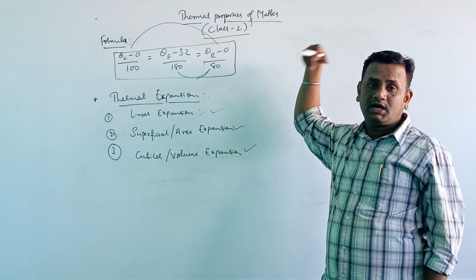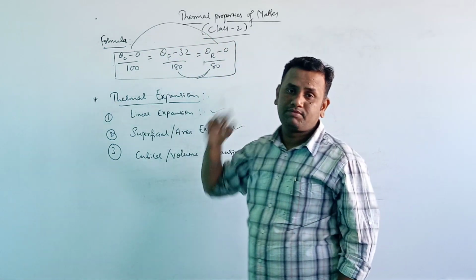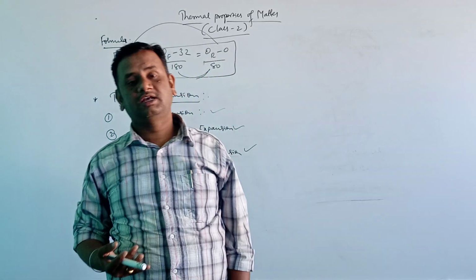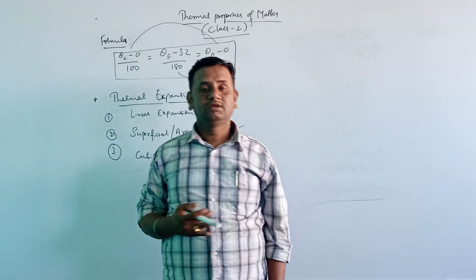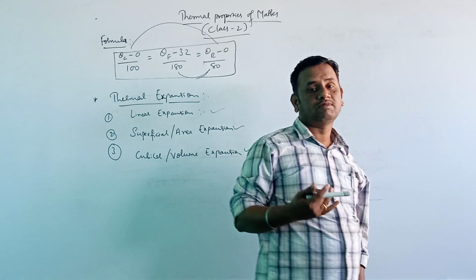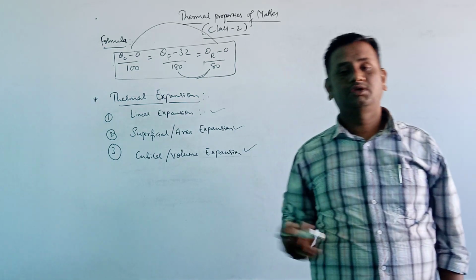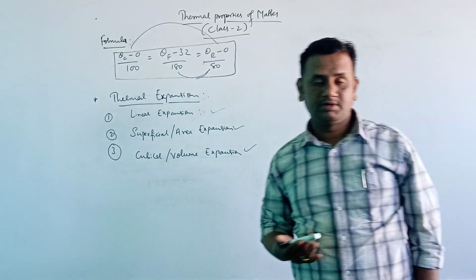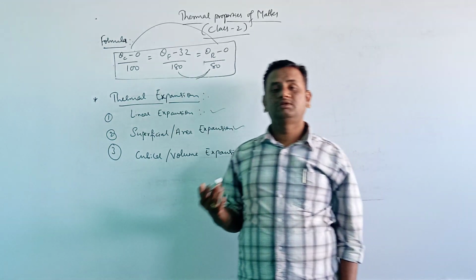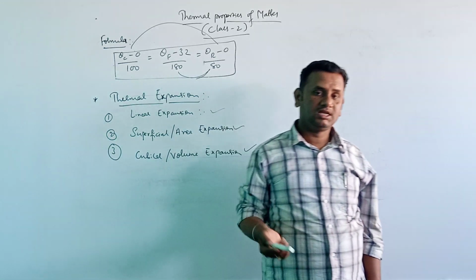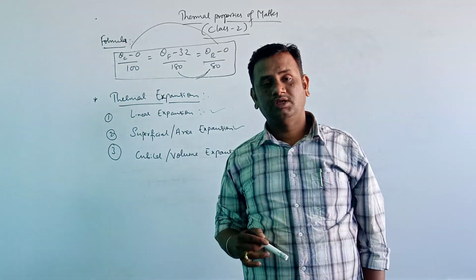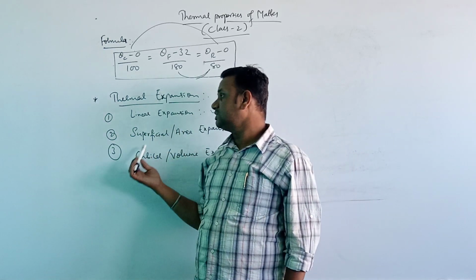We have also discussed the three types of temperature scales which are used. The most commonly used thermometers are the mercury thermometer and the alcohol thermometer, and the most commonly used temperature scales are the Celsius scale and the Fahrenheit scale. That is what we have discussed in today's class.